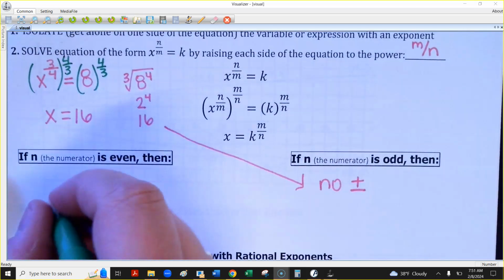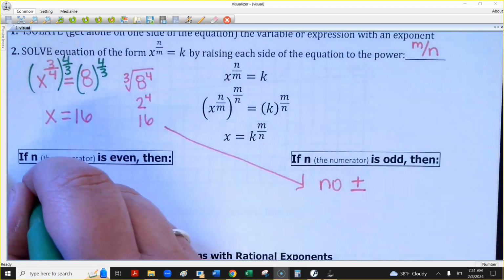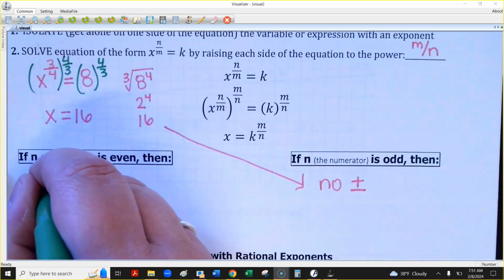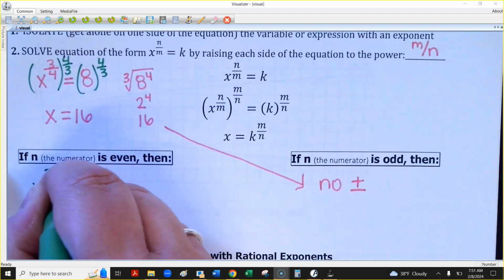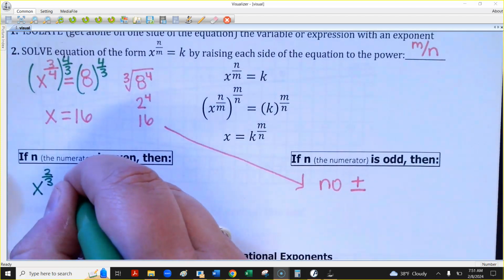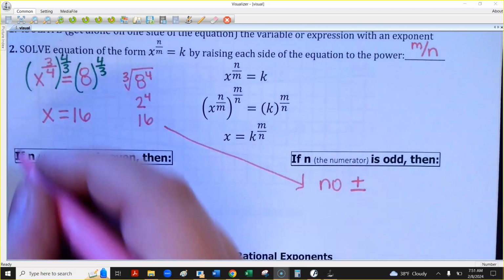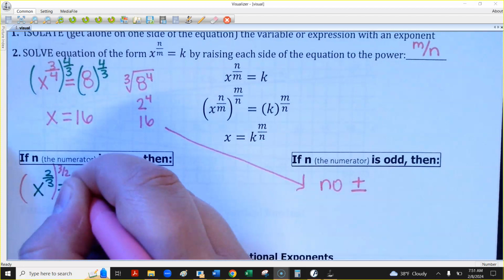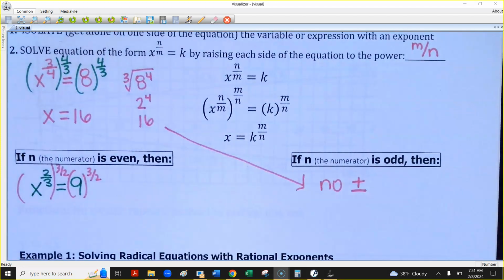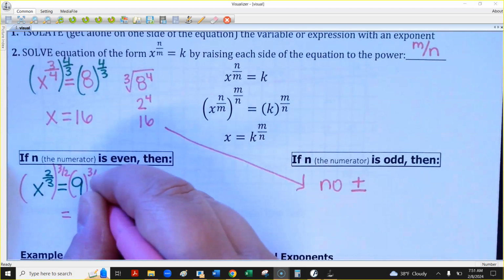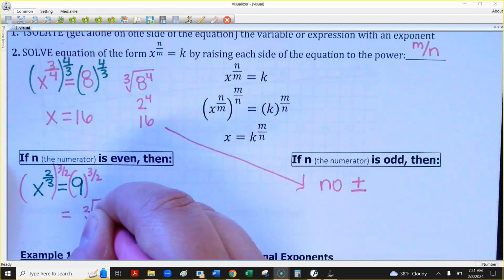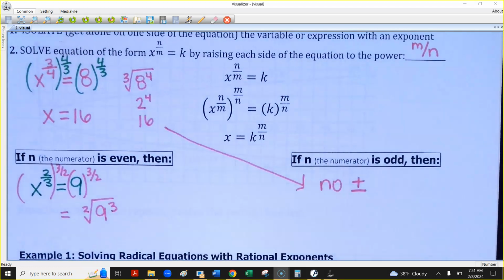Okay, if the numerator of your fraction is even, so let's say I had x to the 2/3 power, I'm going to make something up, equals 9. Now when I take both sides to the reciprocal here, I'm going to use 3 over 2. It might not be super obvious when you do that, but if my numerator in the original problem is even, when I use that reciprocal and do that bottom out thing, this becomes the square root of 9 to the 3rd.